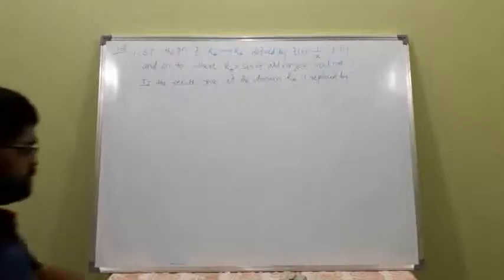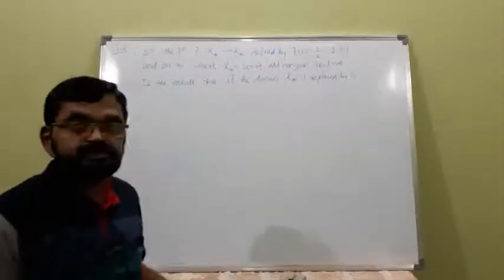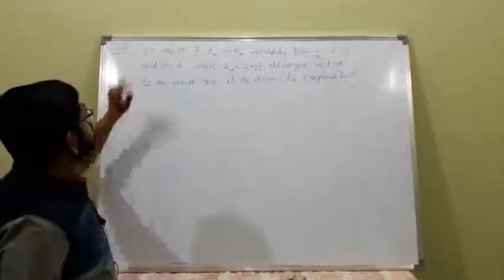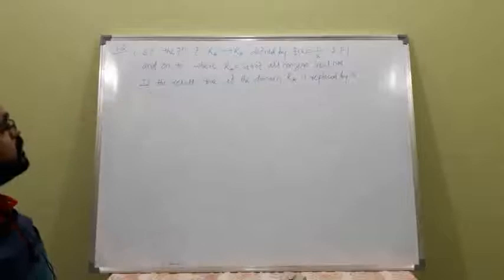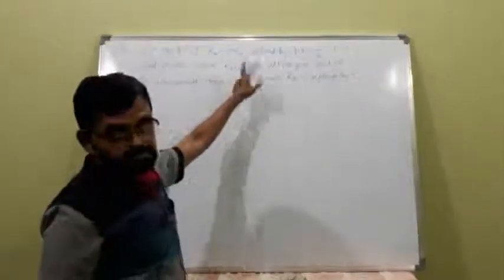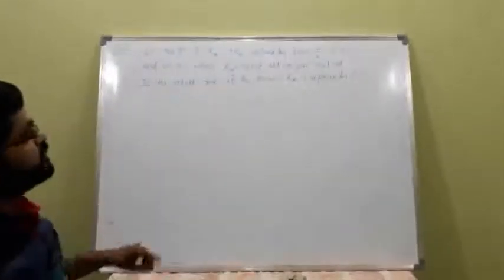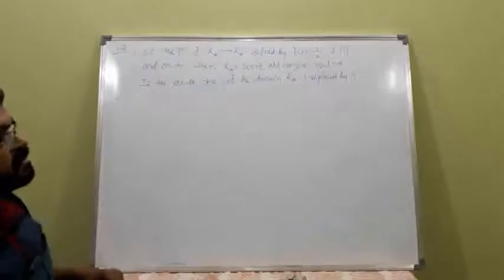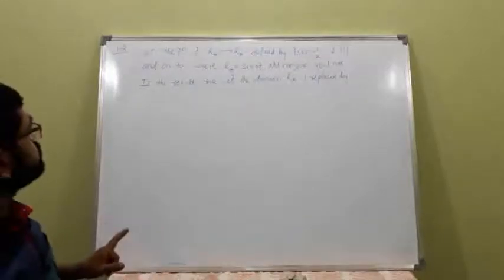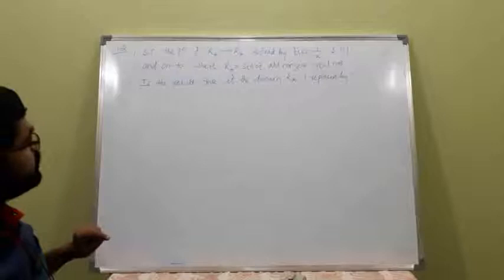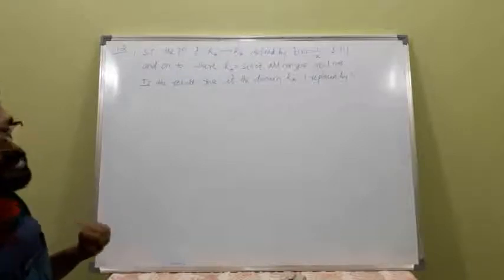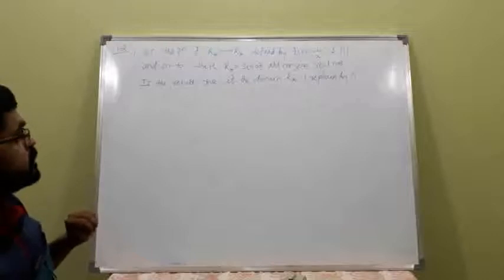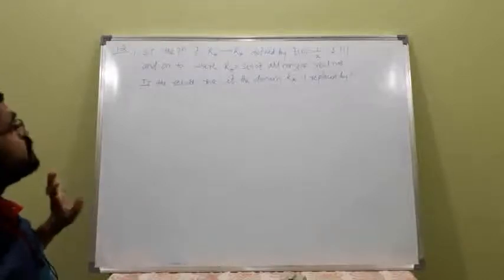Let us start exercise 1.2. First question: show that the function f from R star to R star defined by f(x) = 1/x is one-to-one and onto, where R star is the set of all non-zero real numbers, all real numbers except 0.